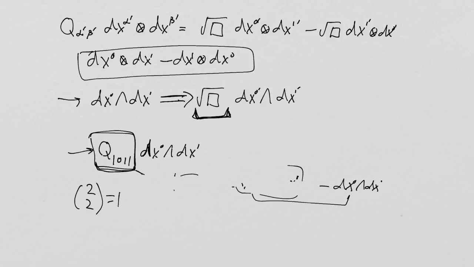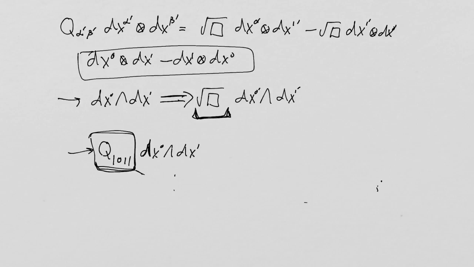Now, let me finish erasing this. Okay, so ultimately we know that the value of this in the unprimed basis equaled 1. The value of that thing in the primed basis we now know is the square root of box. I guess box is, at this point, I should write down x0 squared plus x1 squared.